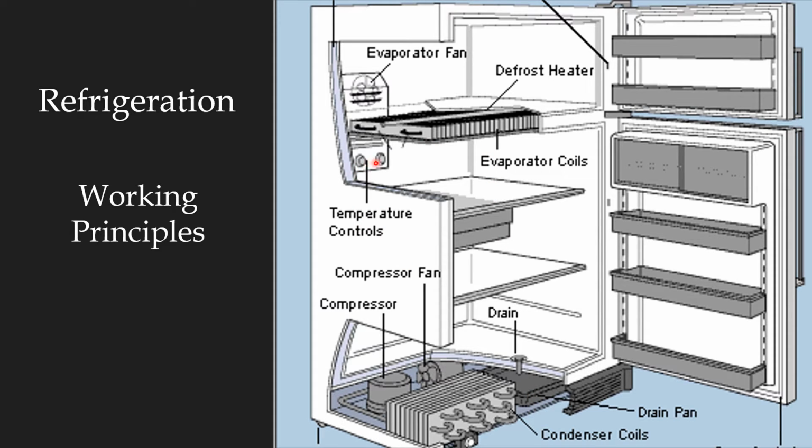Below the freezer we have the temperature control. These are all the evaporator coils. In the latest fridges, a defrost heater is also there. This is the evaporator fan. These are the compartments where we keep the food items. We will see the working principle and how the cycle is followed in the next slide.